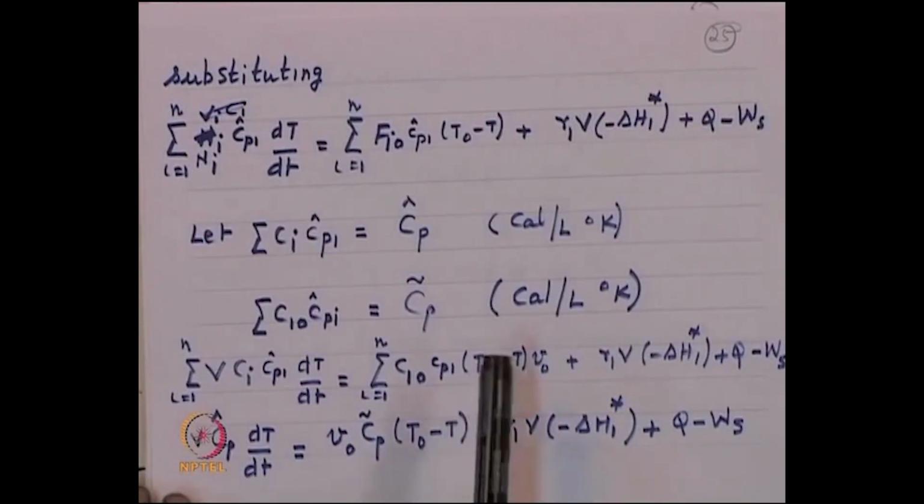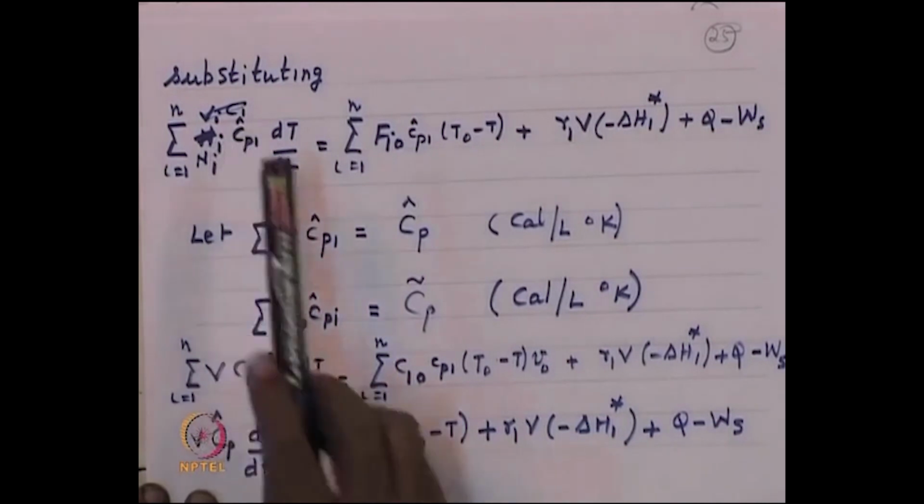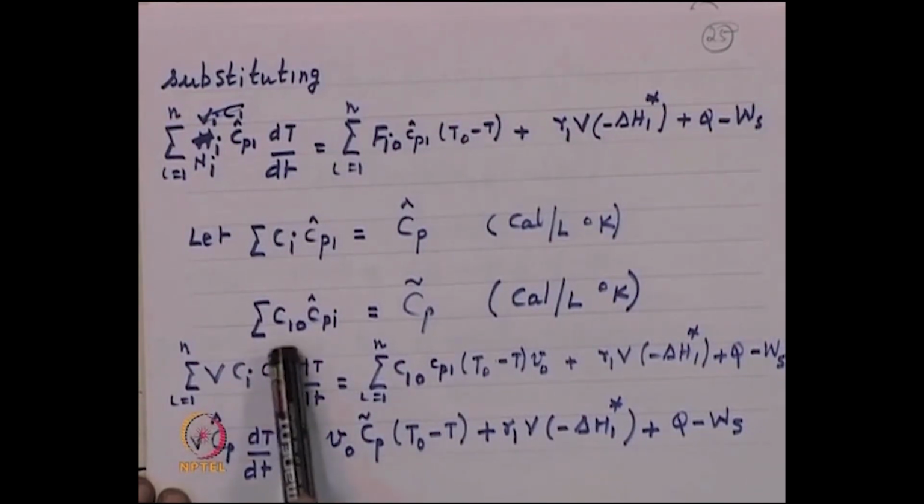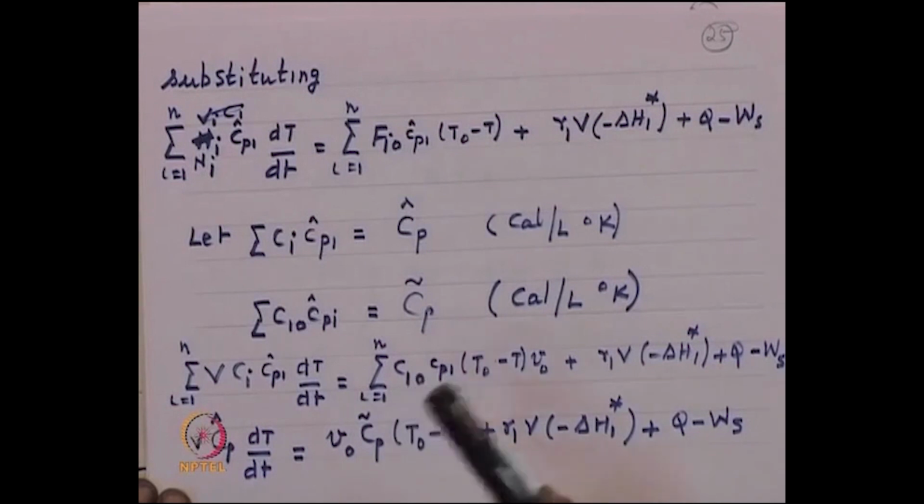Okay. In other words, a rather difficult problem we have converted into a simpler problem by combining C I C p I. So, the left hand side now simply looks like a volumetric specific heat multiplied by the reactor volume d t d t. Why has it been possible? Because we have written this sigma C I C p I as a volumetric specific heat, which does not change during reaction.